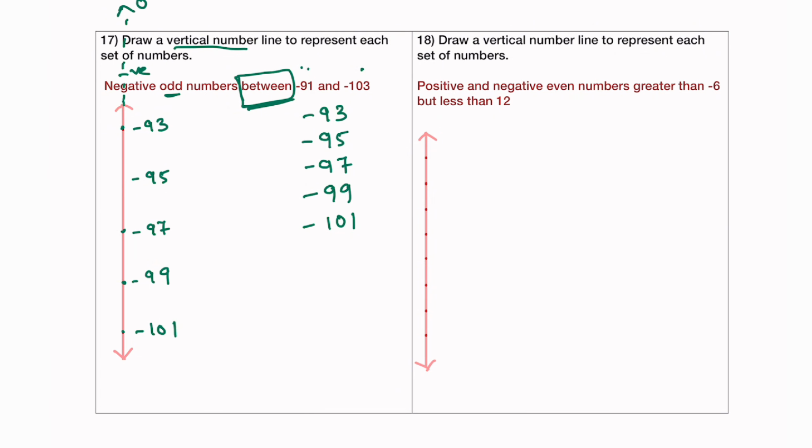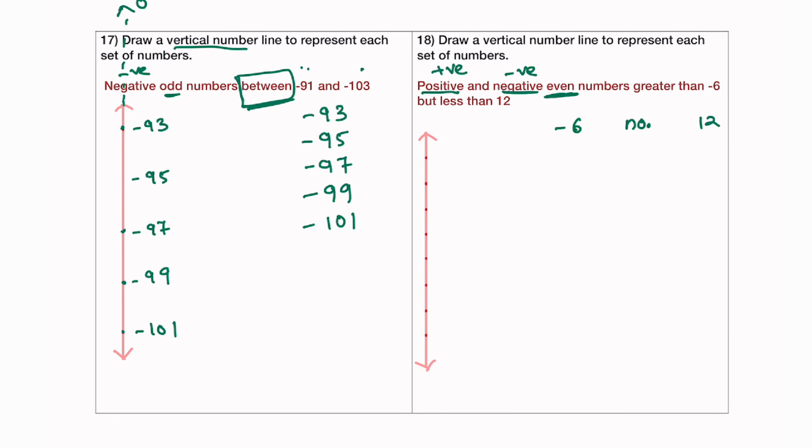Okay, the next one, positive and negative. So you will have both positive and negative even numbers. They are even numbers, greater than minus 6 and less than 12. So how do we write that? I'll write minus 6 here, and 12.